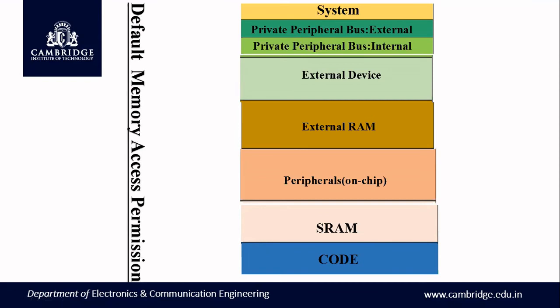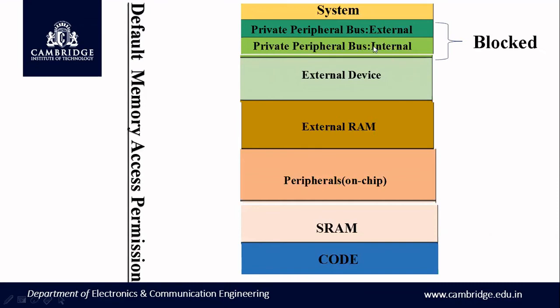Okay, so if you want to impose any memory restriction, you can do so by designing the memory protection unit for the region that you want to protect, right? If you want to restrict the user from entering any memory region, you can do so by designing the memory protection unit. But this is the default memory access permission for the user. Out of all these regions, your PPB region is the blocked one.